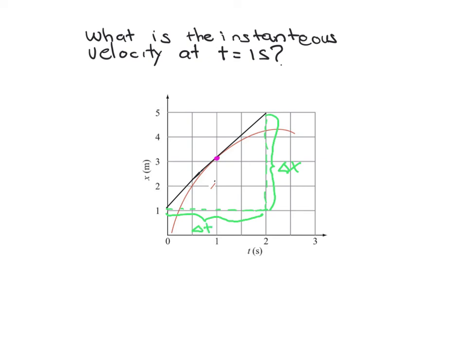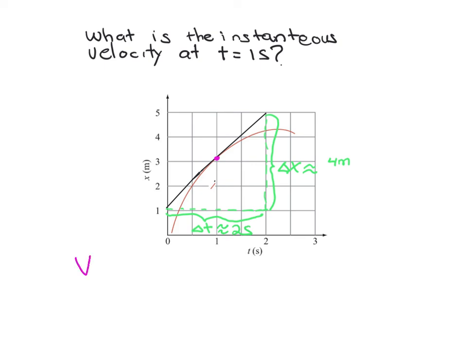And looking at the graph, I'm not going to try to be super accurate here, but it looks like delta x has a length of about 4 meters. I'm going to put squiggly signs here to indicate that I haven't tried to be perfectly accurate. And my delta t looks like it's about 2 seconds here.